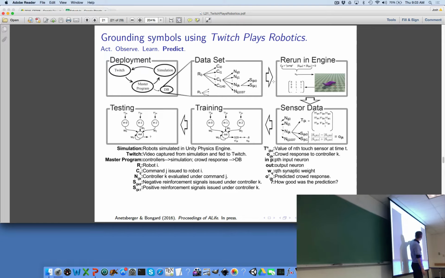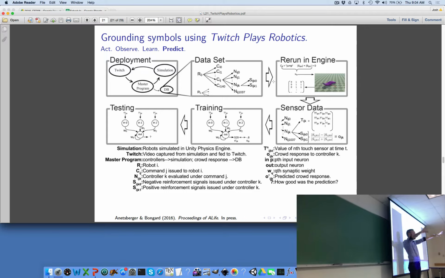We went through and we trained the neural network on 3,000 randomly chosen actions out of that total set of 6,000. But the O's that were associated with those 3,000 actions, we permuted those at random. So we took all of the actual 3,000 responses from the crowd and we mixed and matched them randomly. So there might have been action I over here, and there might have been unanimous thumbs up for this action.